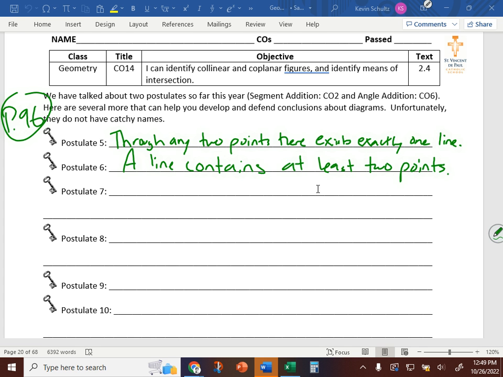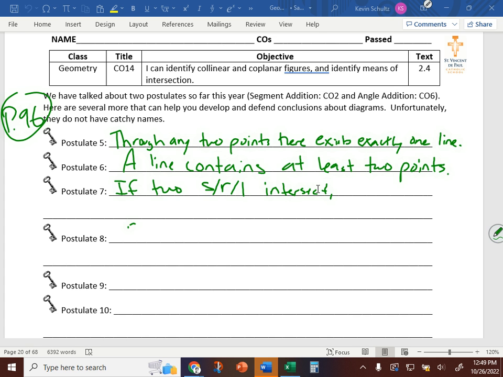Okay. Postulate 7. If 2 lines intersect, and I'll also change that to be my segment ray line abbreviation. When I write SRL, it stands for segment, ray, line. We've talked about that before.